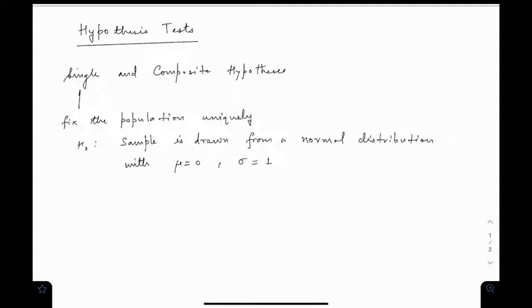So this is an example of a simple hypothesis.